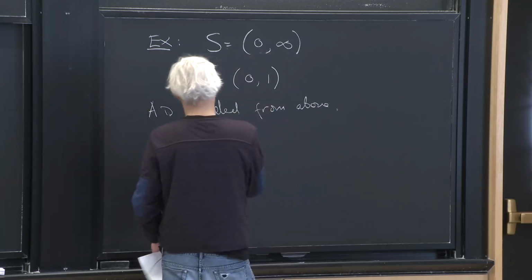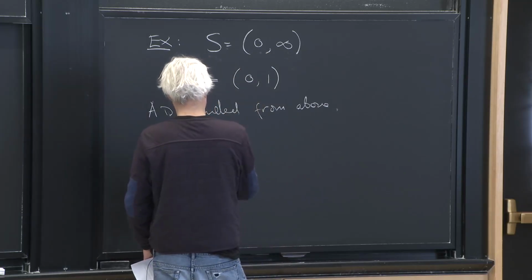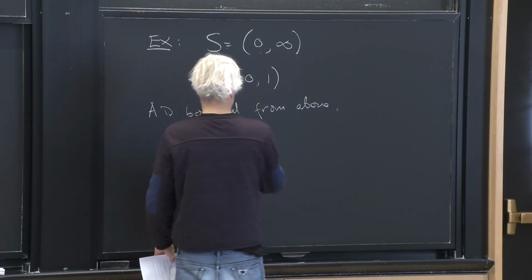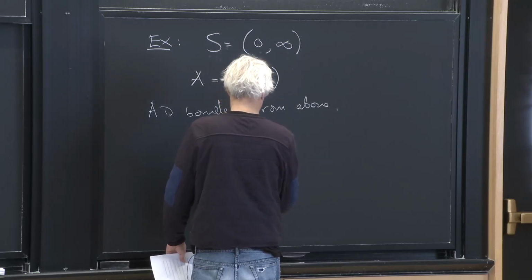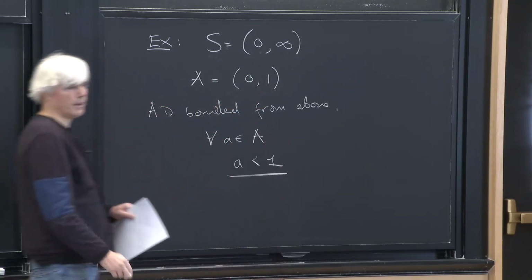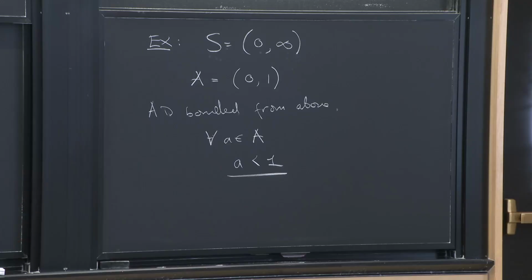Why? This is just because for all a in A, you have that a is strictly less than 1. So 1 here is an upper bound for A, right?